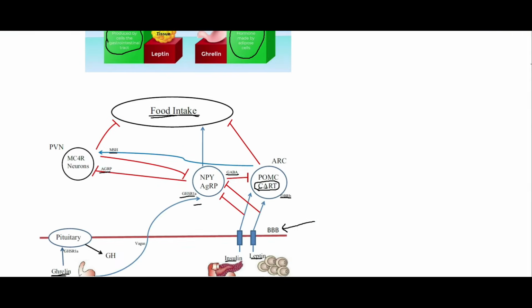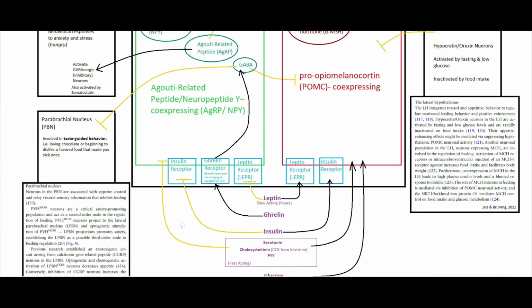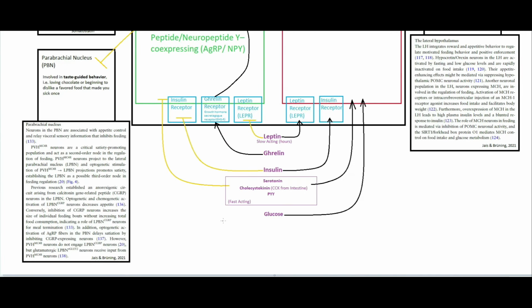I actually made a figure of my own that is even a little bit more detailed, talking about how this works. Down here in purple are some of the molecules that activate and inhibit these two types of neurons.